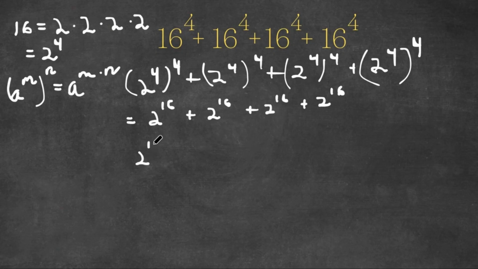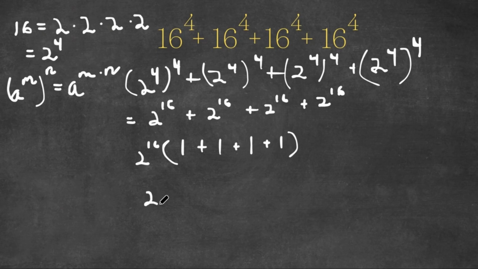So now we have 2 to the power of 16 times 2 to the power of 16 divided by 2 to the power of 16 is 1, plus 1, plus 1, plus 1. And 1 plus 1 plus 1 plus 1 is equal to 4.